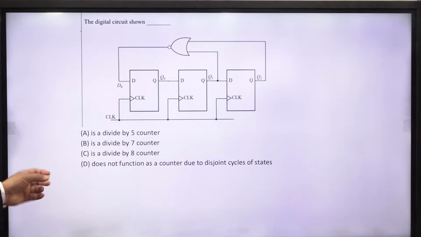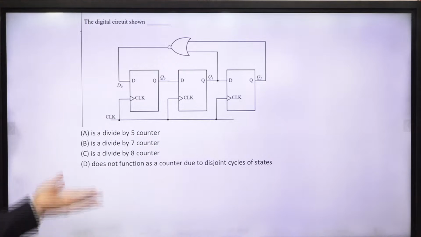So this question may take more than 1 minute. But that time will be compensated by other questions which will be very easy, which will come like in 5 seconds, 2 seconds, 10 seconds you can solve.